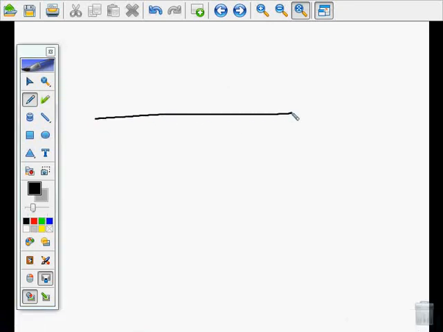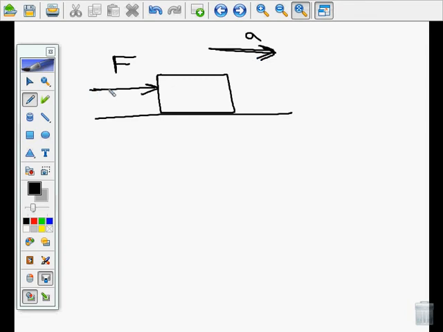Newton's second law of motion says if an object is accelerating this way, there has to be an overall force pushing it that way. Whatever the direction of the acceleration, that's the direction of the force. Well, the same thing goes with objects going in circular paths.